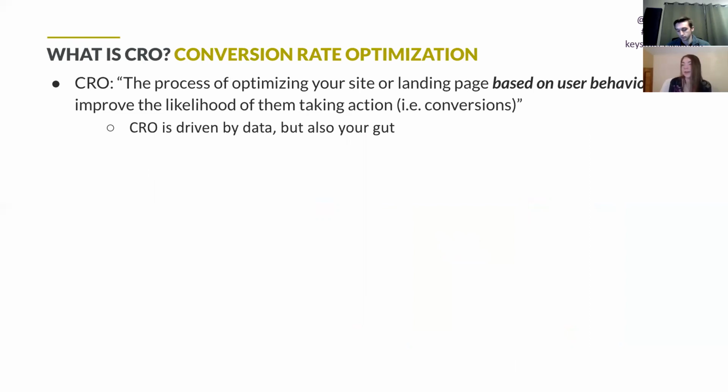And so definitely, as we stated, from testing and analytics and behavior tracking, conversion rate optimization is often driven by data. And what results do you have already on how users are in real time interacting with your website? But there is a little bit of a gut instinct involved.